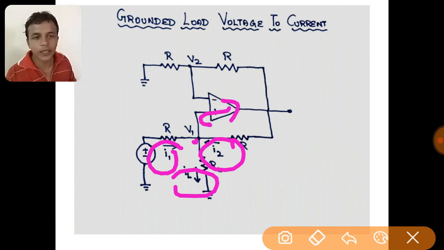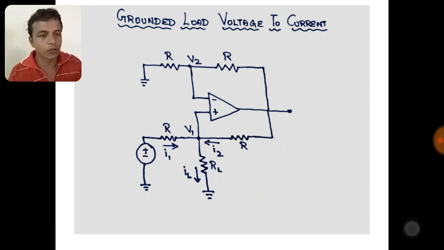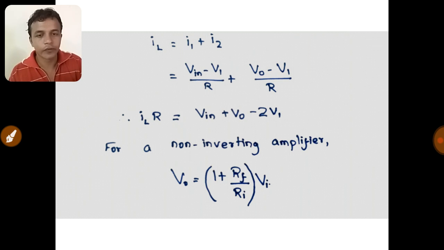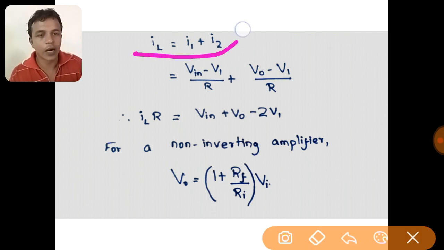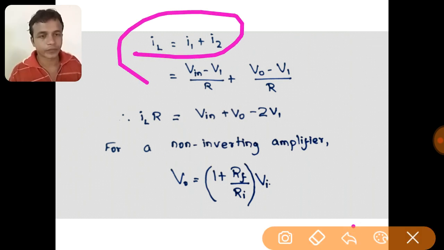There is a chance, but here the operational amplifier input impedance is very large, so it does not allow any current to pass through that branch. So we have only one outgoing current, that is IL. So IL is equal to I1 plus I2.